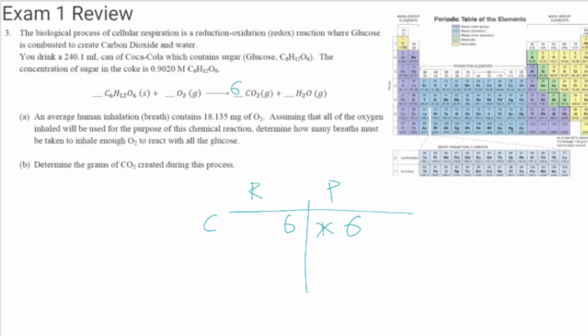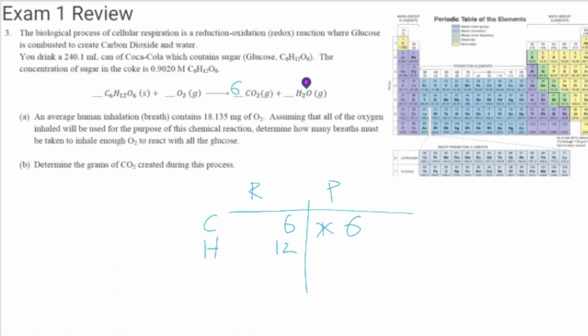Now this would change our amount of oxygens, but since we haven't balanced oxygens yet, we don't have to worry about it. Then we can do hydrogens. For the hydrogens, we can see that we have 12 hydrogens from this subscript here for our reactant side. So put down 12 there. And then looking on our product side, we have 2 hydrogens because we have 1 coefficient here and a 2 subscript there.